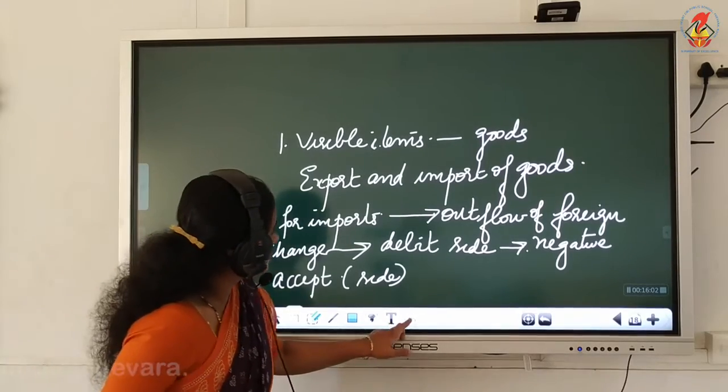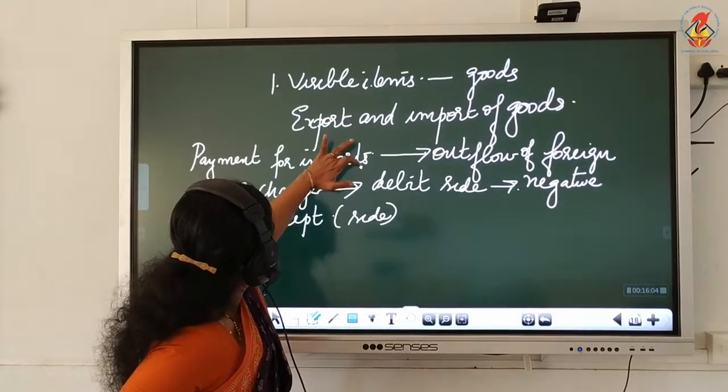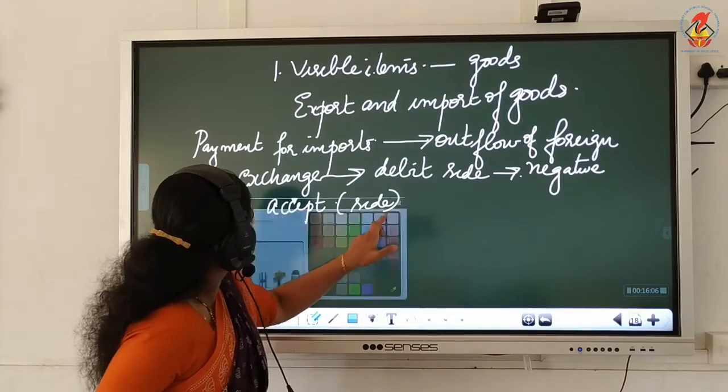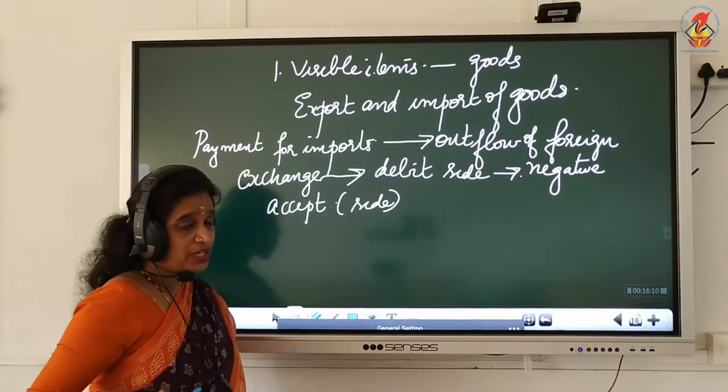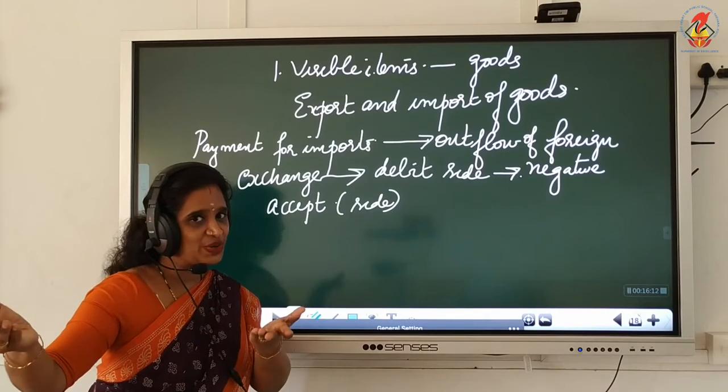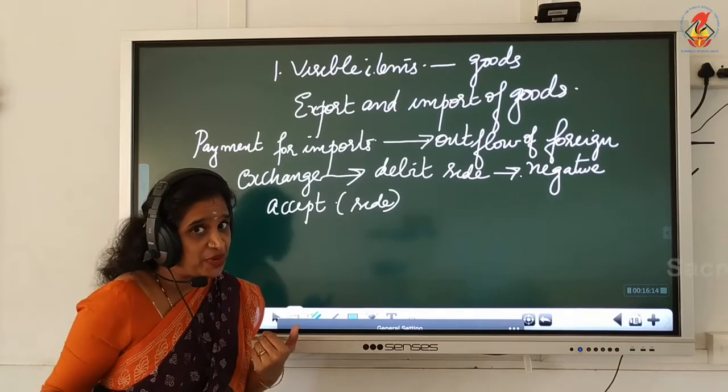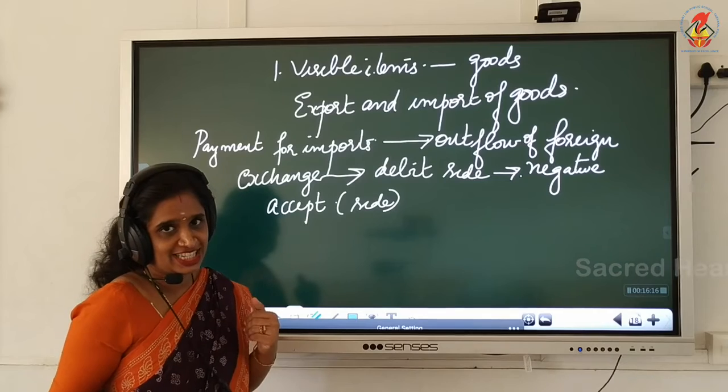Next, one more is there: export. Export means we are selling the goods to other countries, so we are getting the foreign exchange, isn't it?